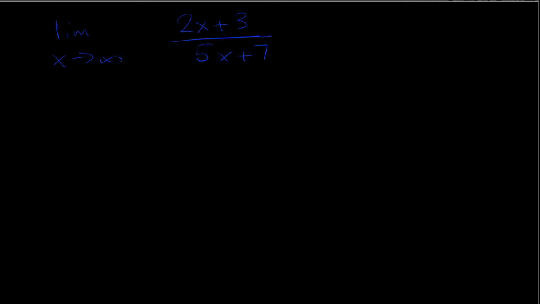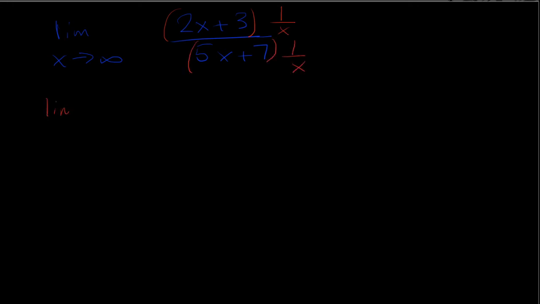So let's first do the longer way, and the longer way involves dividing top and bottom by the highest degree exponent. So in this case, it's going to be x. So I'm going to divide top and bottom by x, which is the same thing as multiplying by 1 over x.